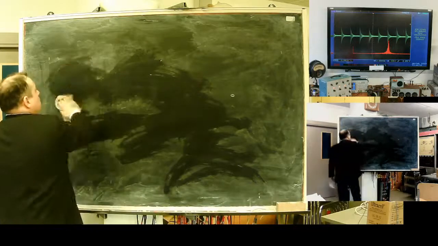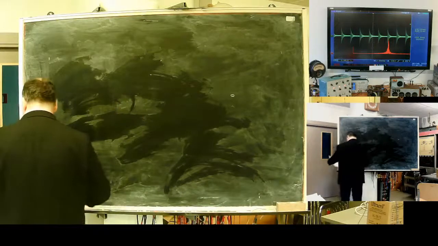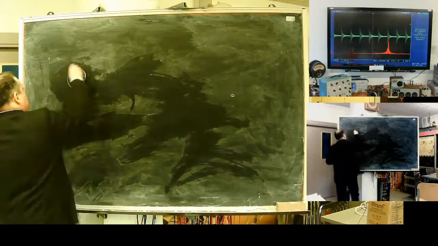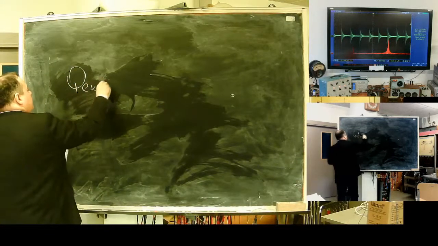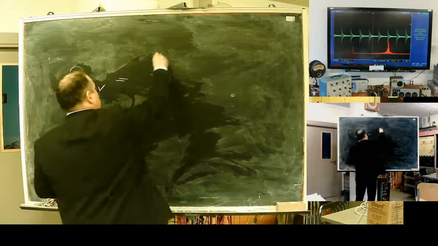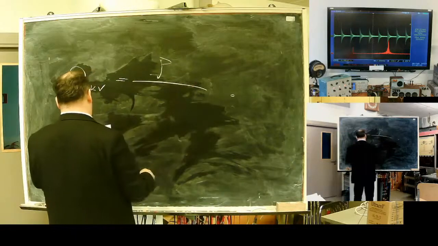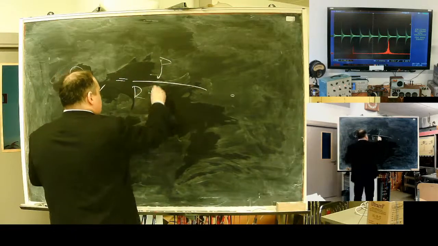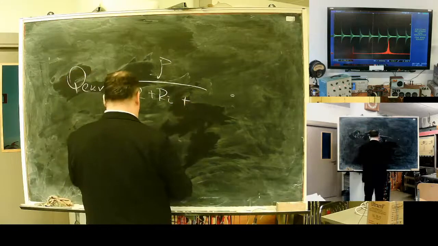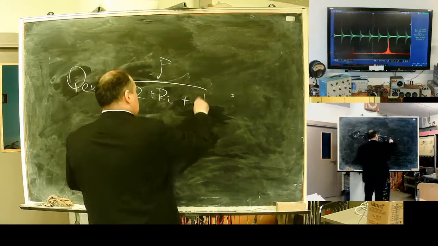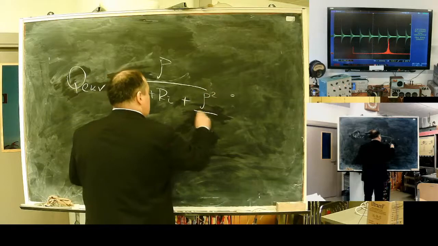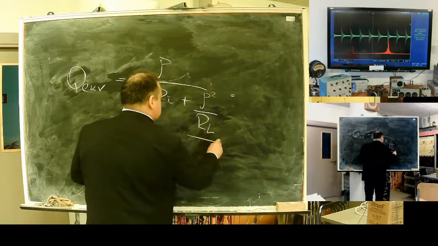1 second. Where I was? Sorry, 1 second. I need an overall or equivalent quality. It will be divided by resistance plus source internal resistance plus characteristic square and load resistance.